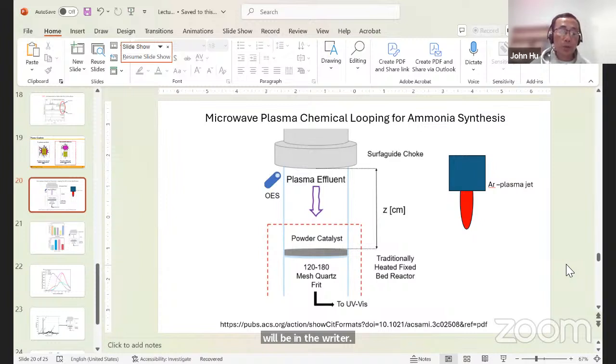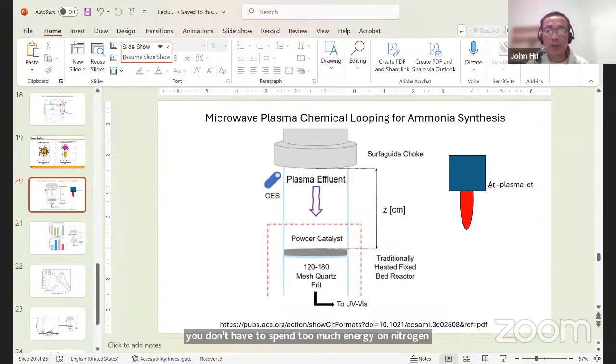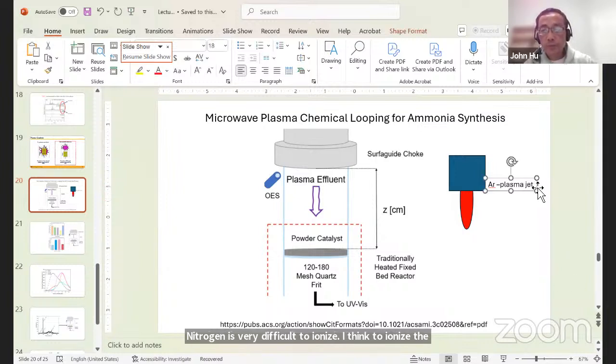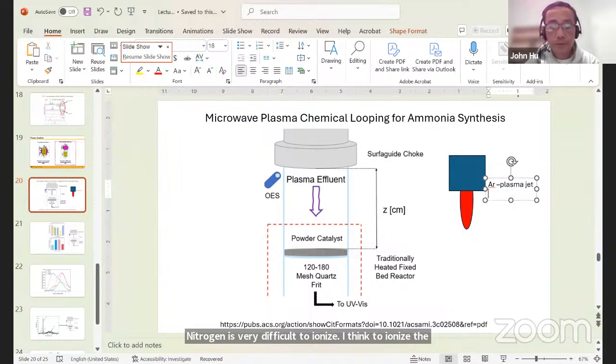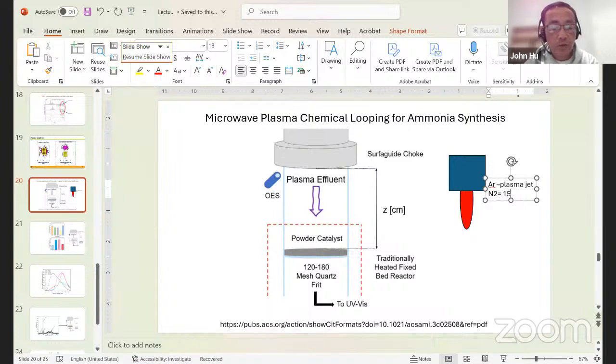By doing so, you don't have to spend too much energy on nitrogen. Nitrogen is very difficult to ionize. To ionize N2, I think it's 15.2 eV.